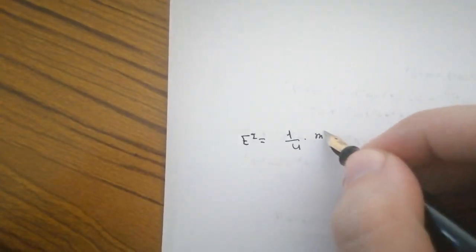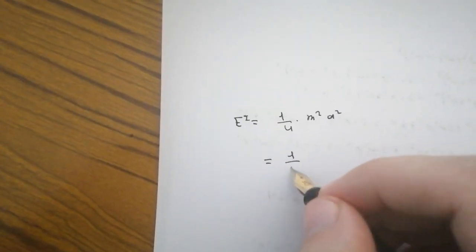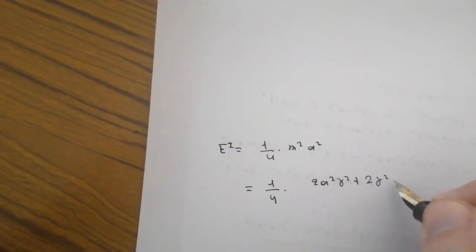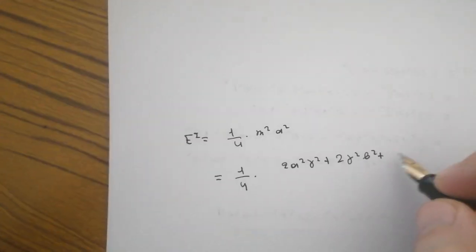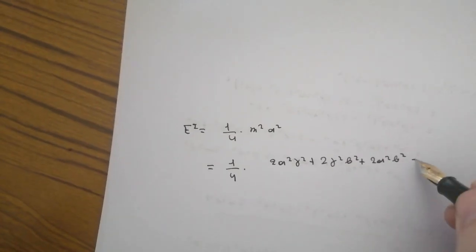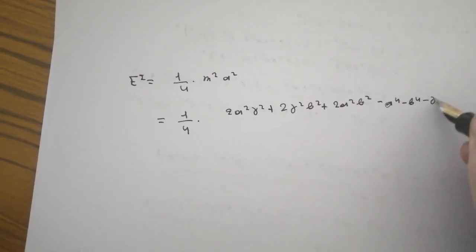So let's continue. Epsilon squared is 1 over 4 times m squared a squared, which is 1 over 4 times m squared, with this relation: 2 times alpha squared gamma squared plus 2 times gamma squared beta squared plus 2 times a squared beta squared minus a to the power of 4 minus beta to the power of 4 minus gamma to the power of 4.